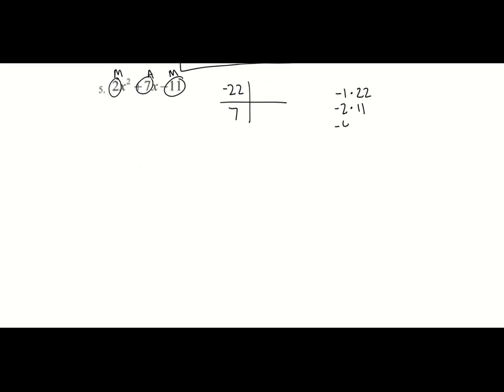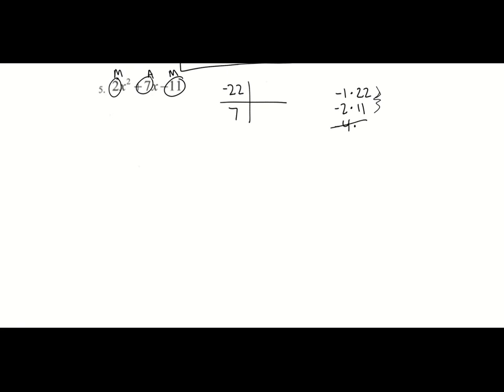Let's try 4. 4 times... nope, can't get 22 with 4. 5. Nope, 6. 6 doesn't work either. So you're not going to find any other multiples of 22 other than these 2 right here. Those are the only ways we can get 22.